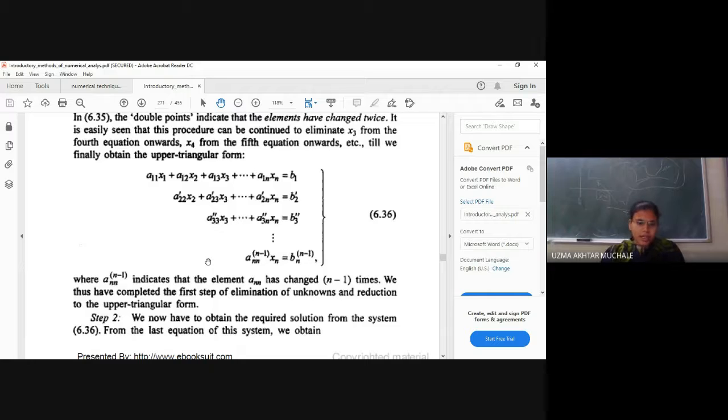After getting this equation, it is very easy. You can directly get the value of xn from the last equation. The second last equation consists of two variables, xn minus 1 and xn. Already knowing xn, you can find xn minus 1.